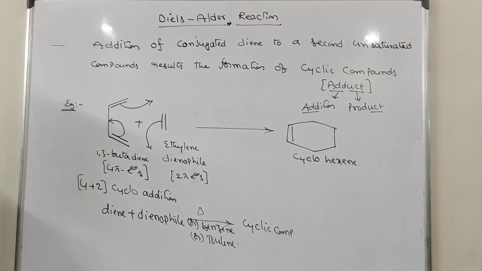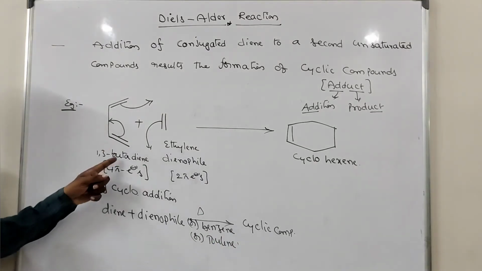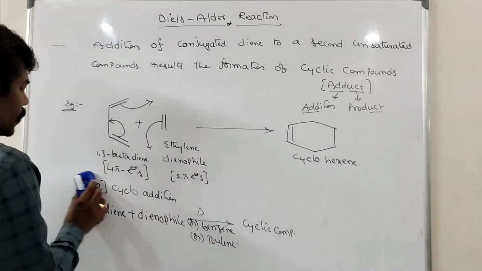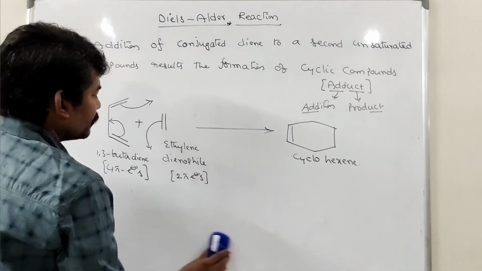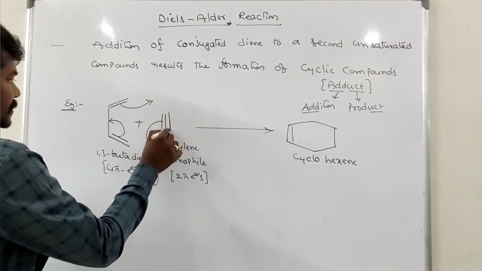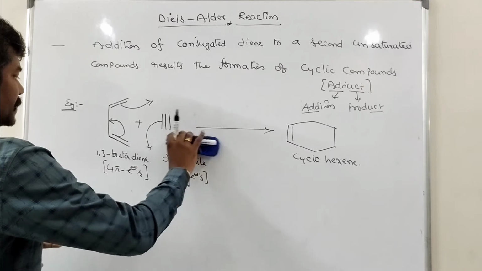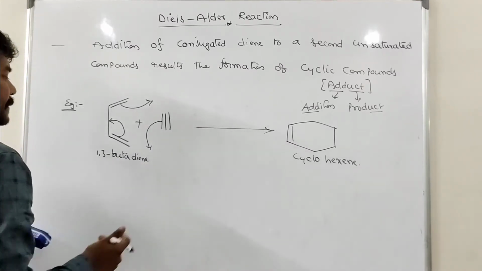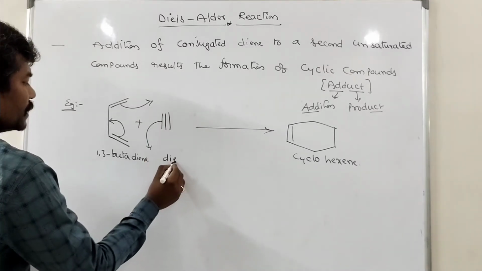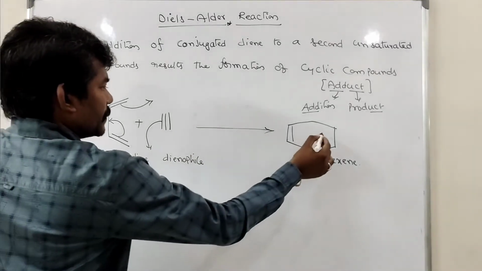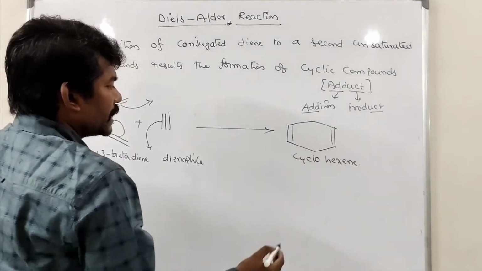What happens when 1,3-butadiene reacts with acetylene? Second one, 1,3-butadiene, if the dienophile is acetylene, CH triple bond CH. What happens?